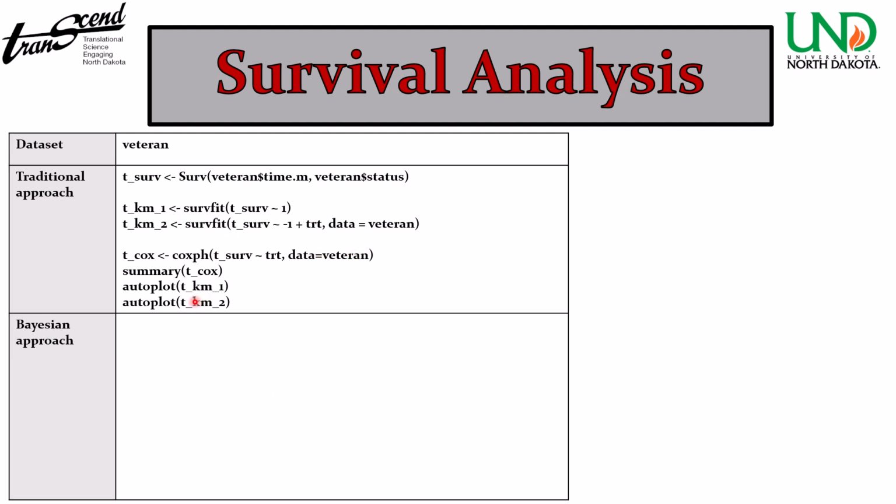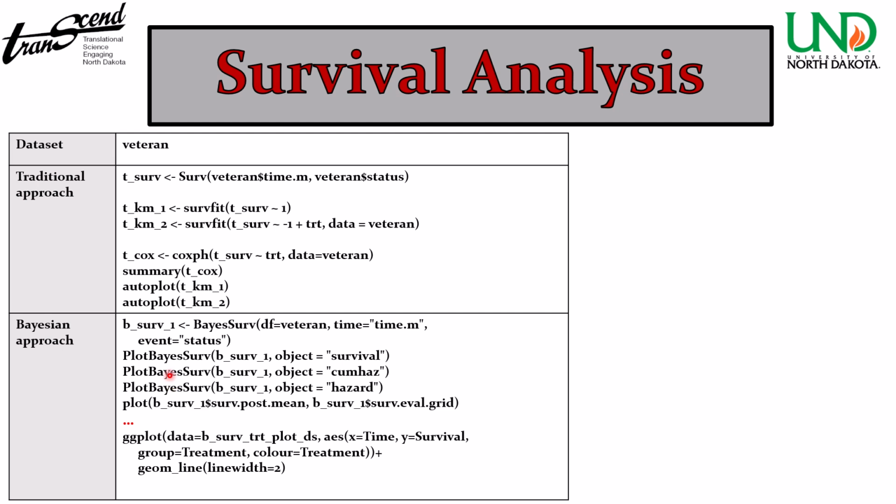And then for the actual survival analysis, we can do a Cox proportional hazards model. So we have our survival object here as a function of treatment, and we can do various summaries and then also plotting them.